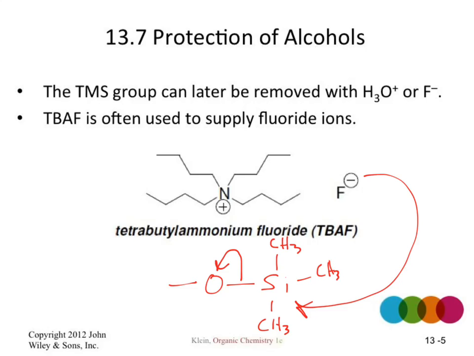The other option is using something like a strong acid, H3O+. How is that going to end up working? Our fluoride is a good old SN2 reaction. If we use a strong acid, our first step is going to be to protonate that oxygen. What's special about that protonated species? Does it want to be positive?